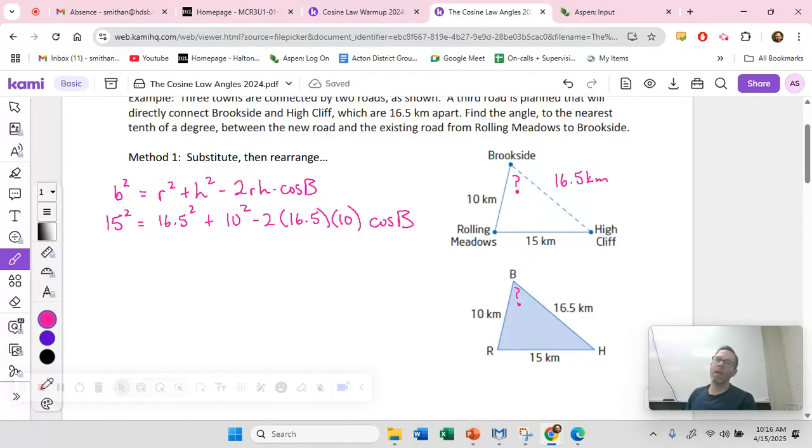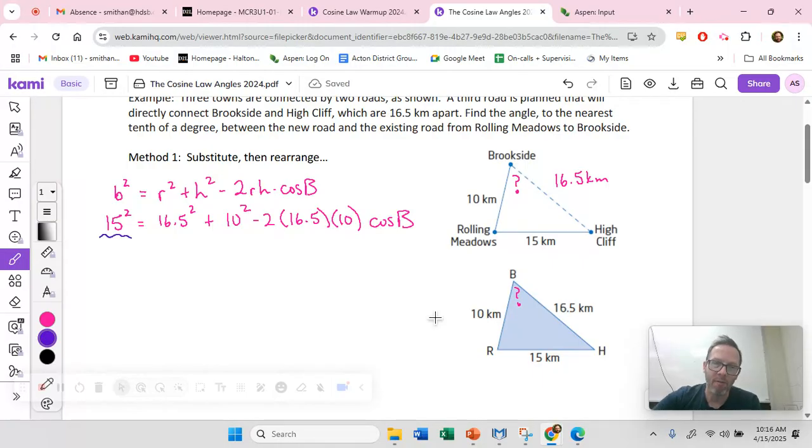But I'll give you some tips, because some of you will be tempted to do all of these operations in a row and then multiply them by cos B, but that would violate order of operations.